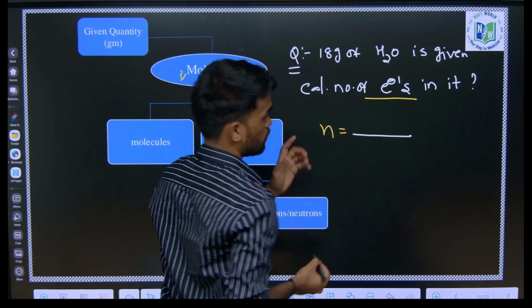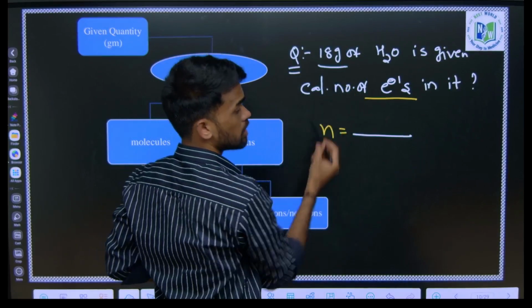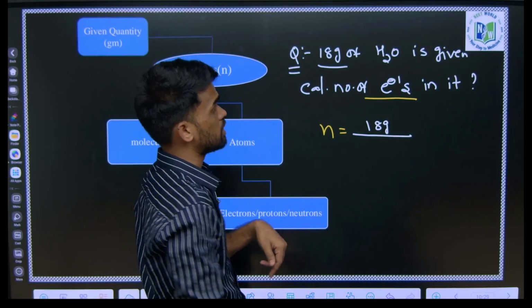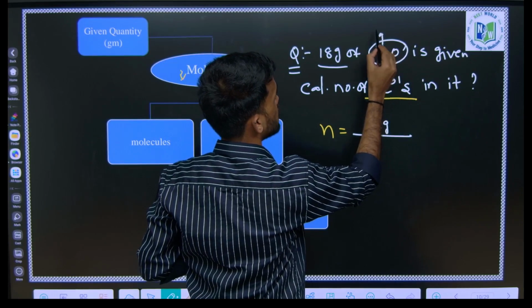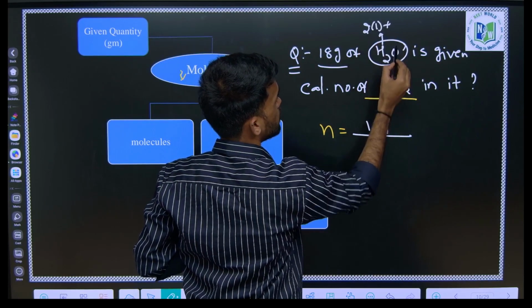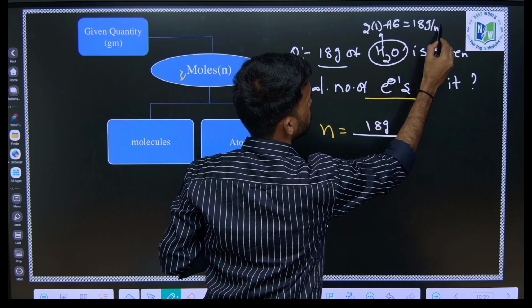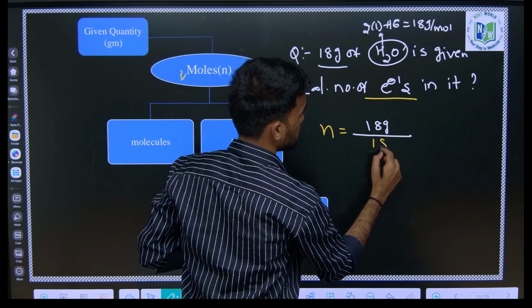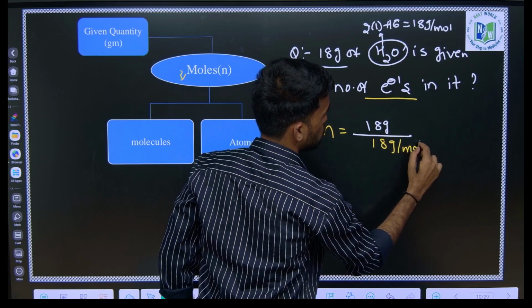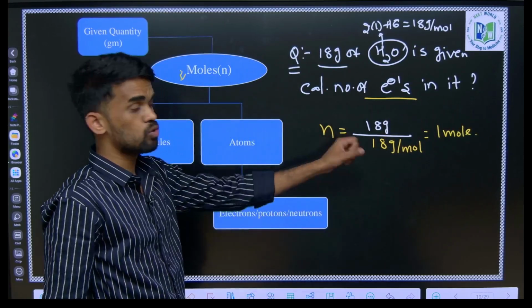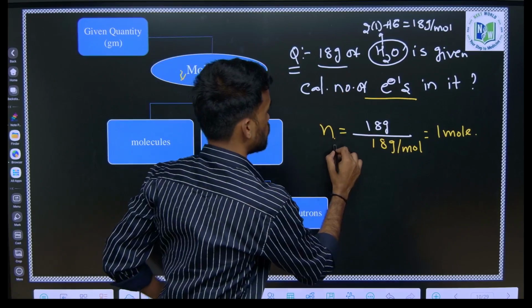So what is the formula we have? Given weight by molecular weight. Given weight is 18 grams. And what is the molecular weight of H2O? We have 2 hydrogen atoms, 2 into 1, plus 1 oxygen atom, that is 16. So totally it is 18 gram per mole. So how much are we getting? 1 mole, right? So we have 1 mole of water.